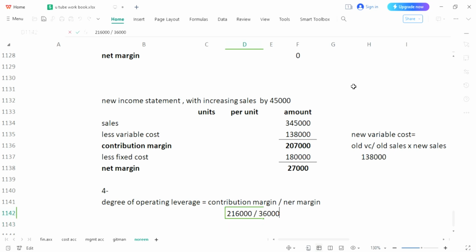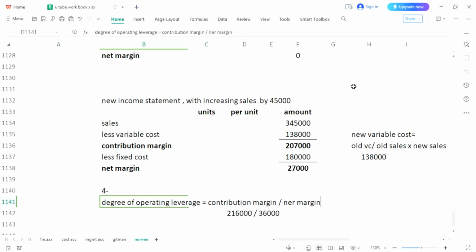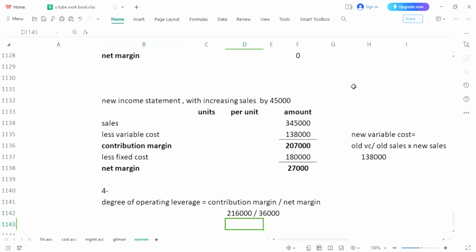And what is over here? It is net margin. Actually, I was going to correct the spelling. Sometimes it is important. Okay, so here we have net margin. The statement is completed. Put it on your calculator: 2,16,000 divided by 36,000.